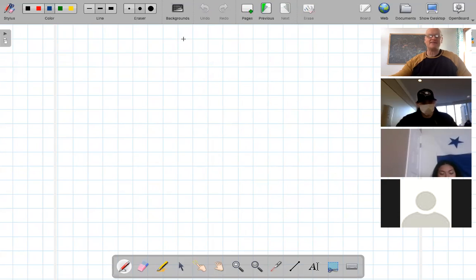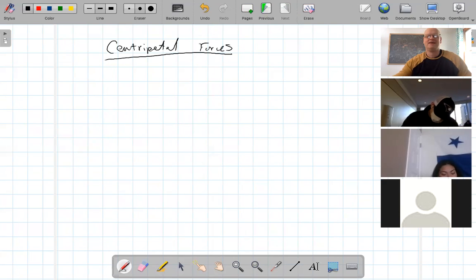So the last topic we need to talk about is what's known as centripetal forces. Remember that Newton's second law says that whenever I have an acceleration, I have to have a force, or a force is what generates an acceleration.